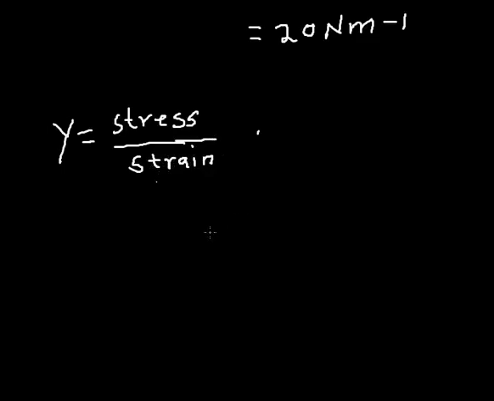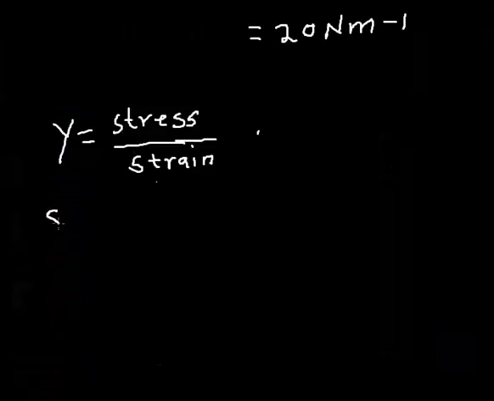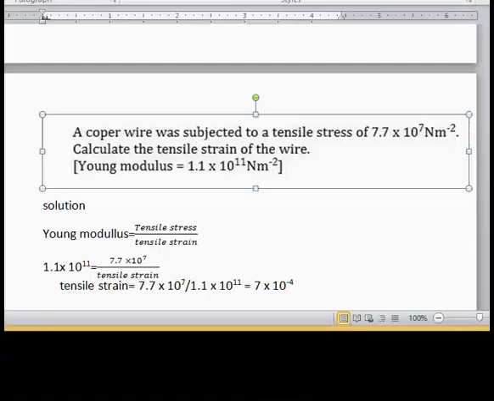So if I want to get the strain here, I have to make the tensile strain the subject of the formula. That's going to be equal to tensile stress divided by the Young modulus. Of course, you can rearrange this equation. I believe you can do what I just did.